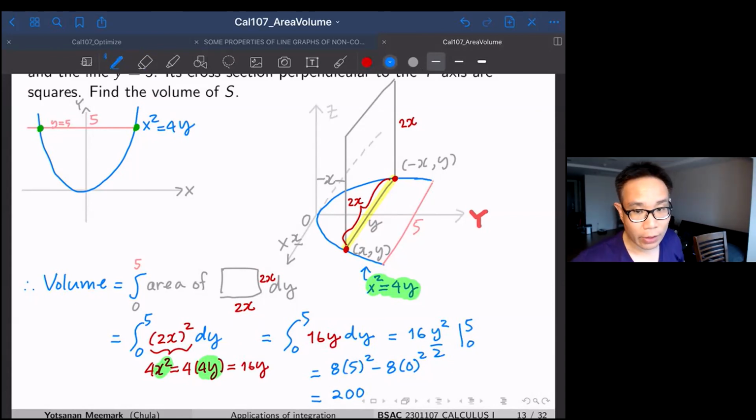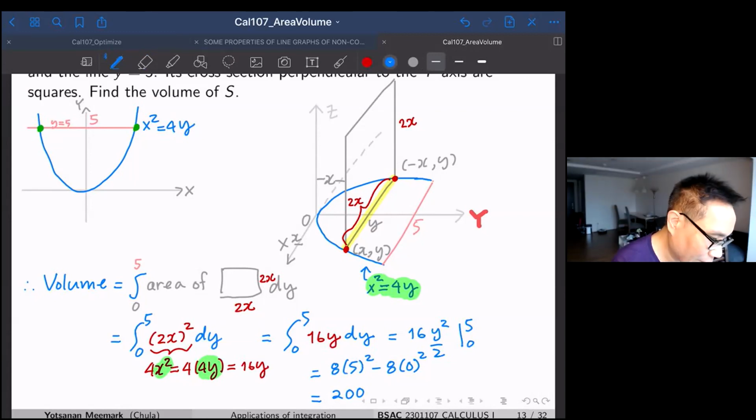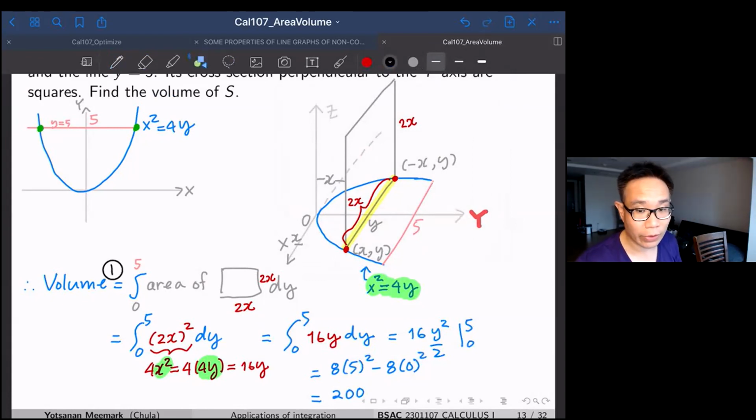So you see the thing that we did is very simple if you know the first step. The first step is the key thing, like I said before. The first step is you have to know that the volume turns out to be just the integral of the area of the cross section. You determine the area of the cross section by maybe graphing this a little bit in order to compute the area, and you may have to use your imagination in 3D about what's going on.